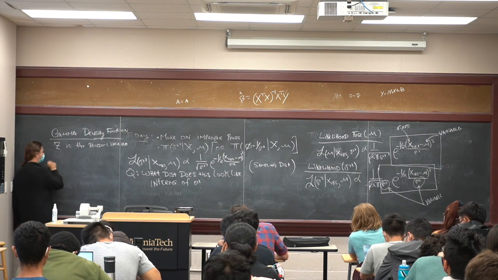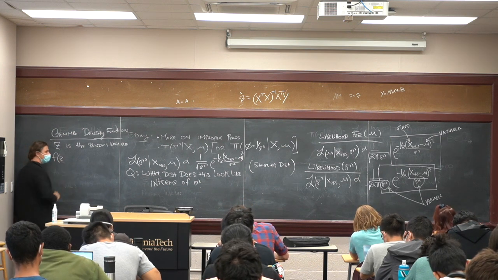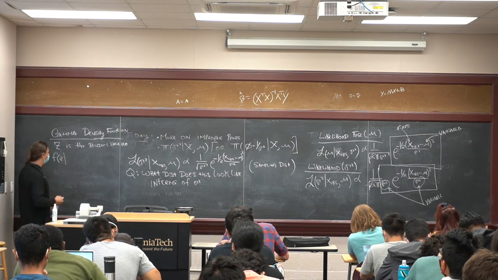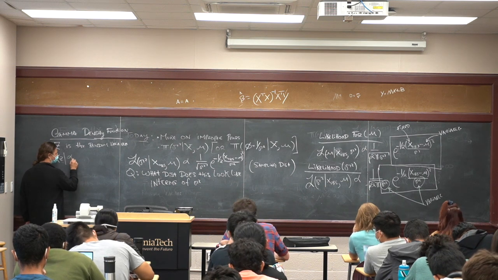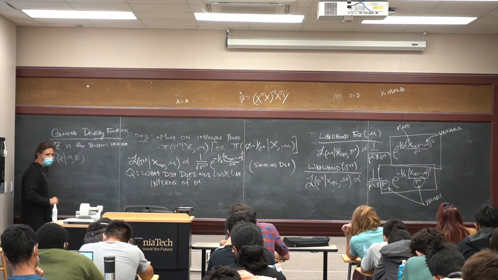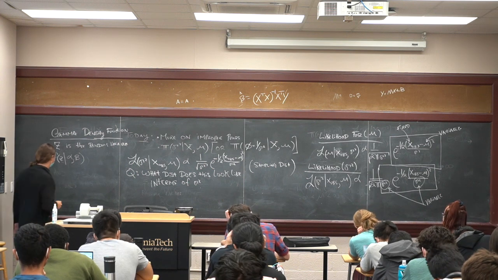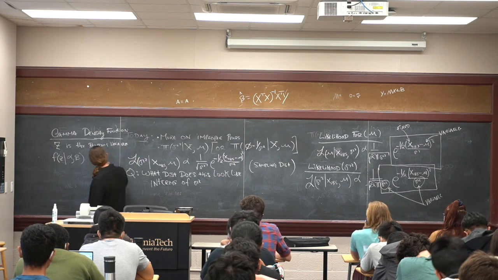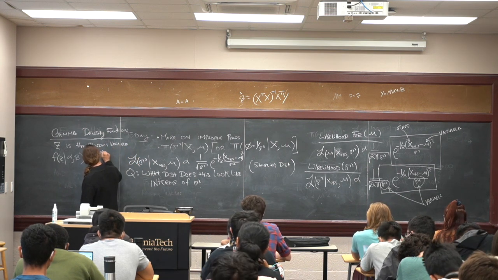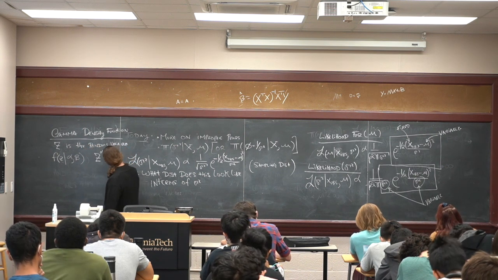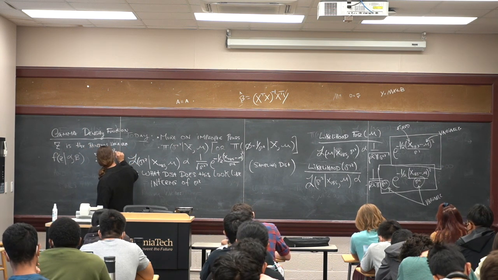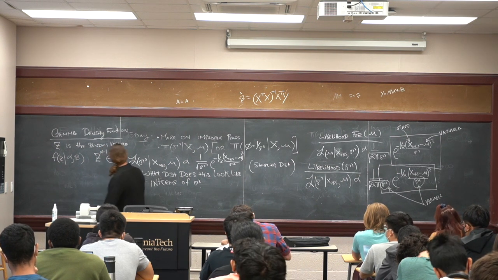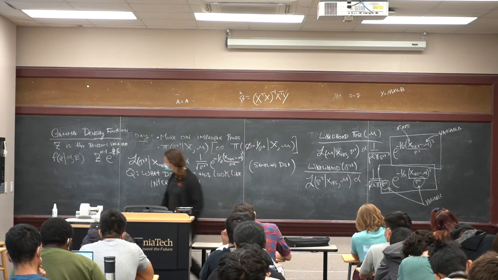I'll say f of z, and there are a couple of parameters that determine the shape of the gamma density. We usually call them alpha and beta, because we run out of letters quick. I'm going to write down what the kernel of the distribution looks like first. It's z to the alpha minus 1, e to the minus beta z. So it looks like that.